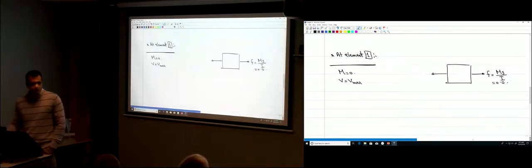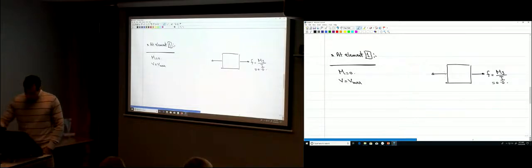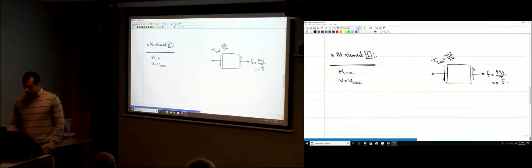You don't have normal forces. How much is this shear stress? Tau? It's the maximum value. It's right in the middle, okay? Which is VQ over IB. And this is going to be Q max, the maximum value of Q, right in the middle of the beam, okay? So that's the maximum shear stress.